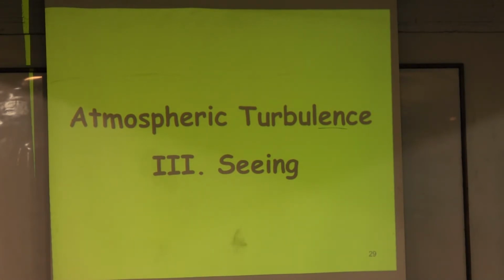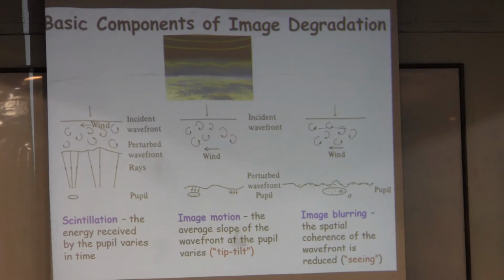Okay, now, from turbulence to seeing. We've seen these effects before. One effect we've seen in this little movie that I showed you before. We saw the clouds, the blob moving around. That's called the image motion.